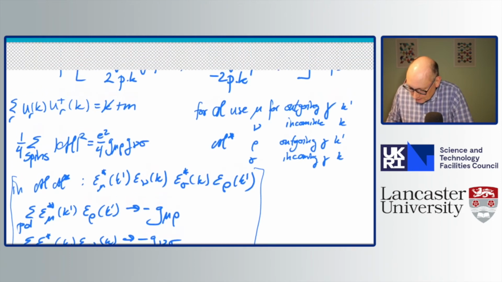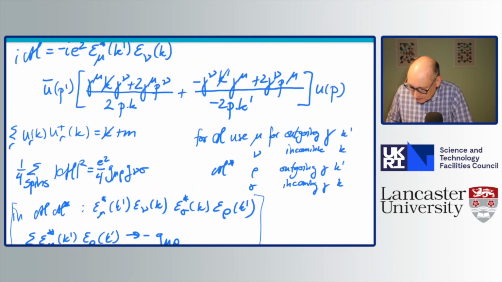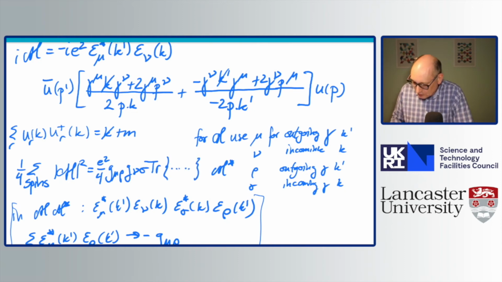Now what's left then in the matrix element squared is a trace over all of this, right? We now dealt with the first line up here. Now let's deal with the bottom line down here. So I'm writing here that's a trace over a complicated object.